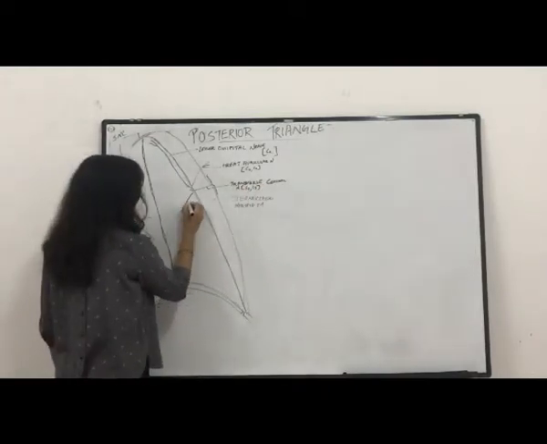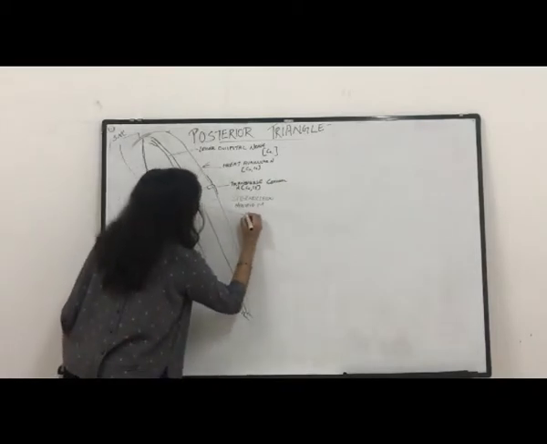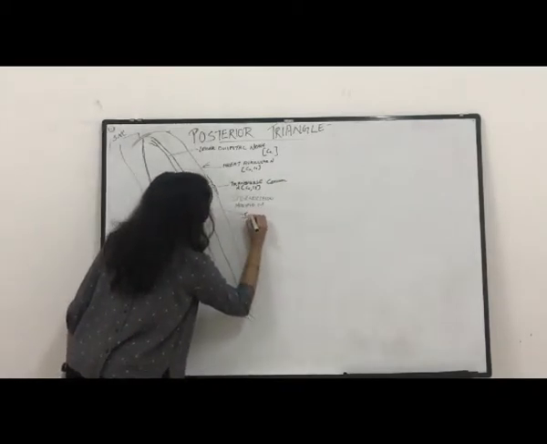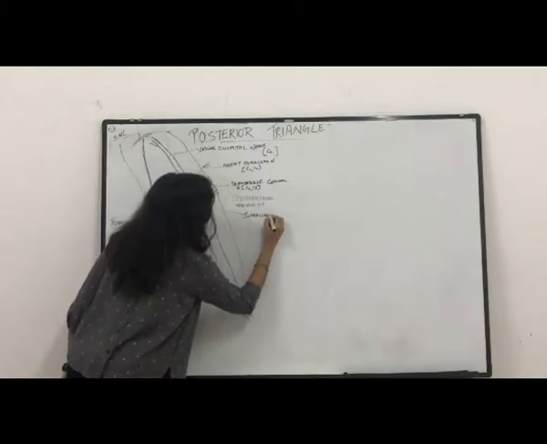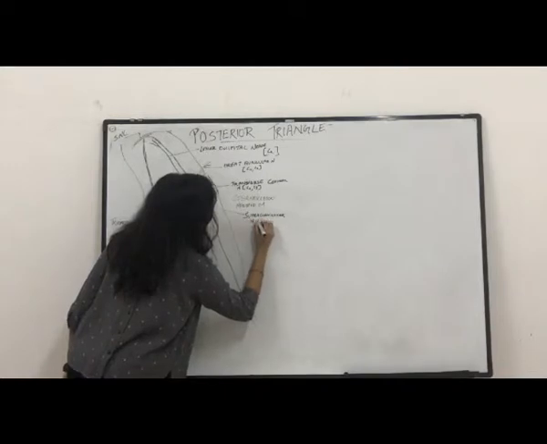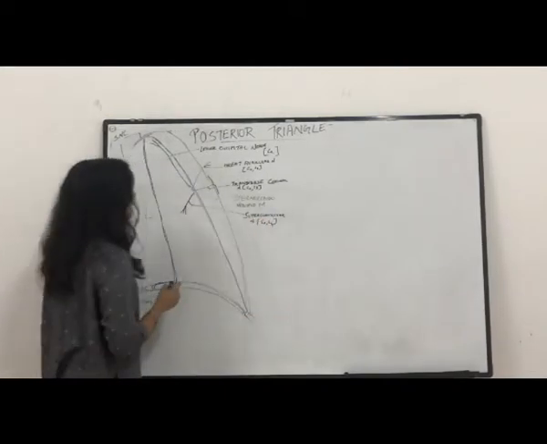And this is the supraclavicular nerve formed from C3, C4 spinal nerves.